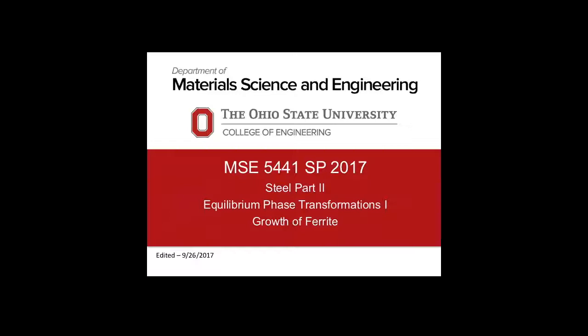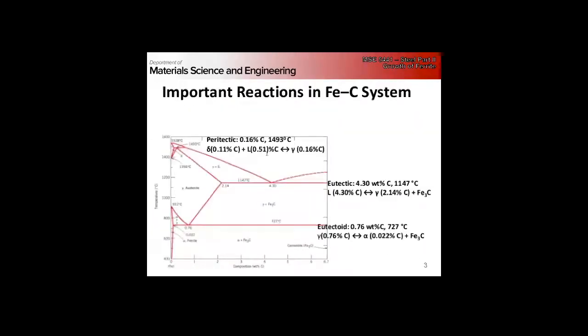Then we'll go on to twinning and martensite, because those are very closely related, and then into heat treatment of steels, right? So we'll go through the basics of what's happening within the microstructure, then talk about how we optimize our processing to get what we want out of them. Okay.